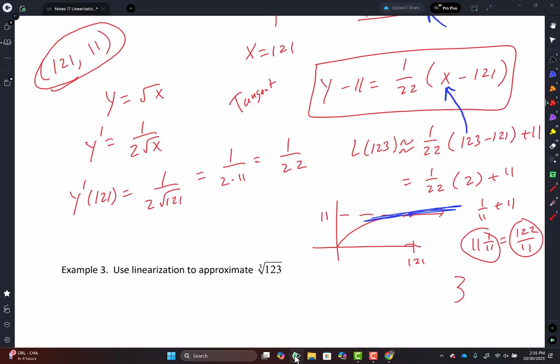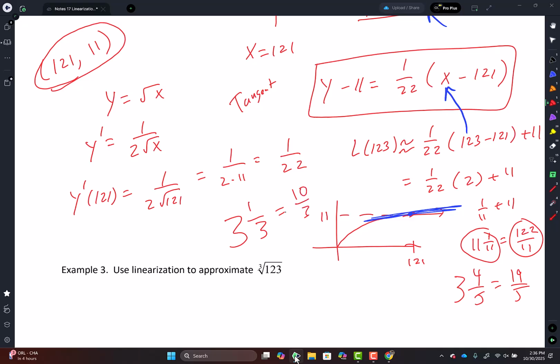Just like when you have 3 and 4 fifths, 3 times 5 is 15 plus 4, so that's 19 over 5. 121 over 11 plus 1 is 122. Yeah, you can do that. Or 3 and 1/3: 3 times 3 is 9 plus 1, 10, so 10 over 3.